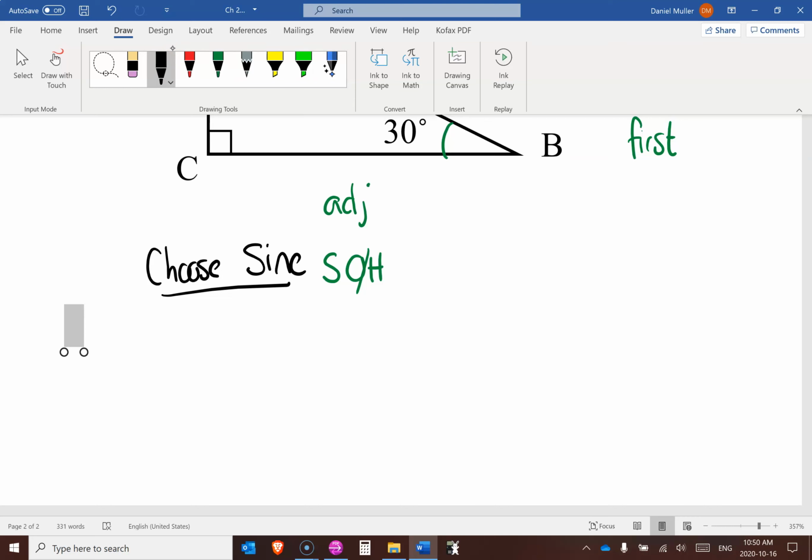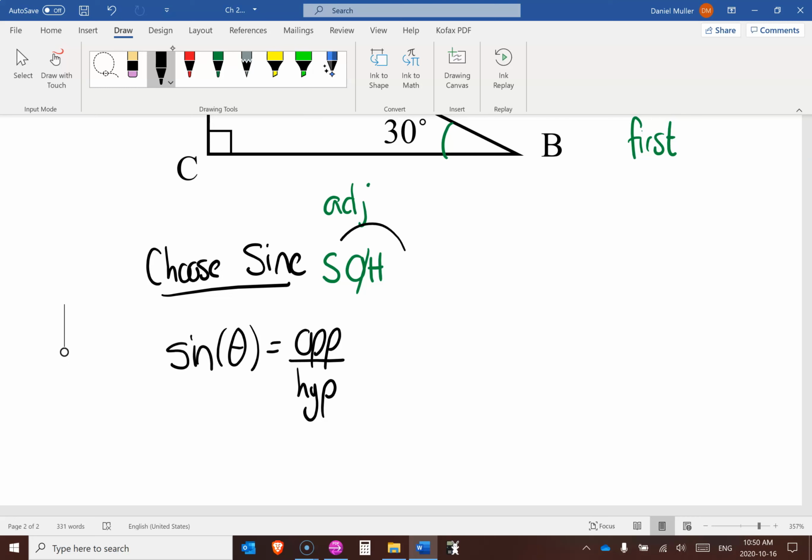Now that you know, you can write sine of some angle, which we put as theta, that's what that symbol means, equals the opposite over hypotenuse. That's your formula. How do we know the formula?